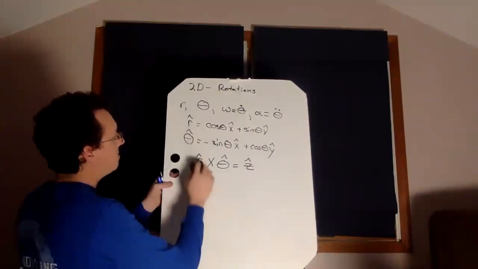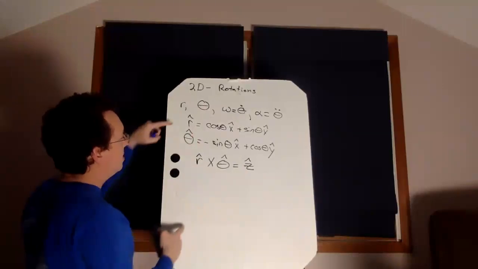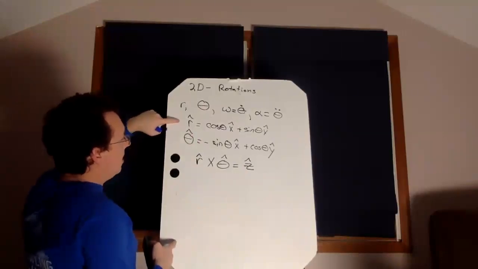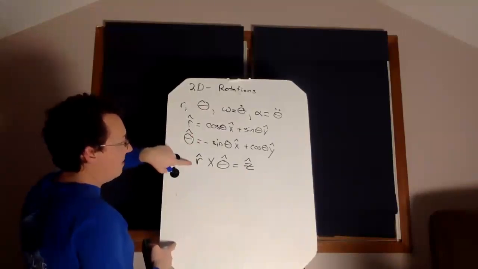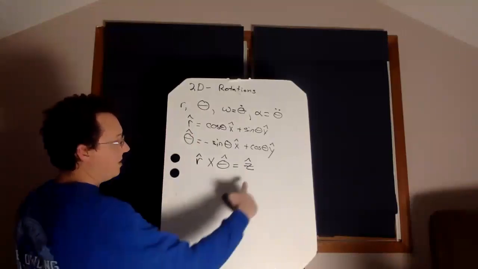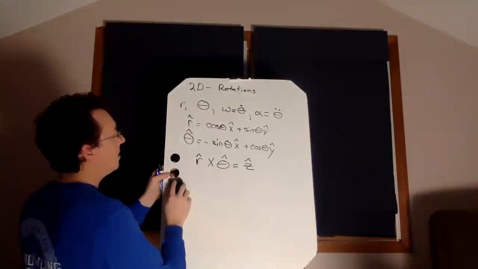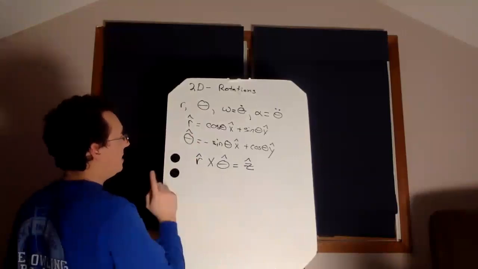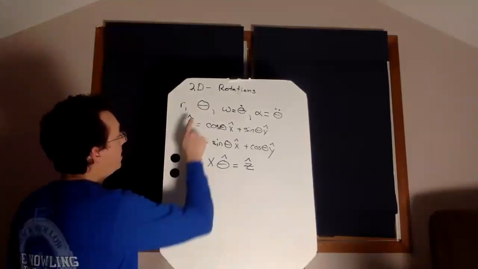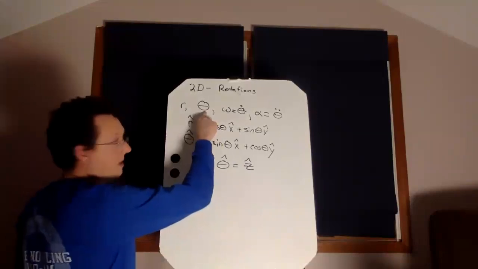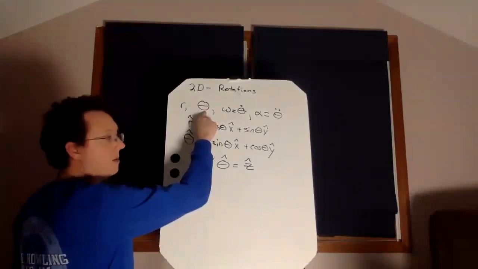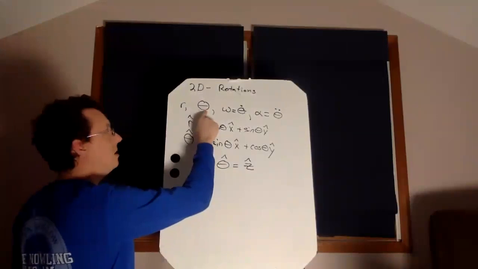All right, but we have these vectors, r hat, theta hat, and if you take a cross product of those two vectors, you get something in the third direction, which would be the z direction. Now, at this point, I want to say theta by itself is a coordinate. It's a scalar, it can be positive or negative, but it's just a number representing an angle.